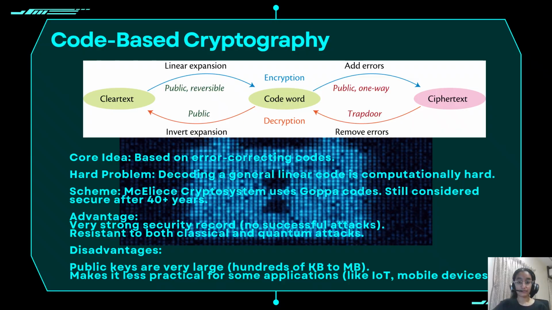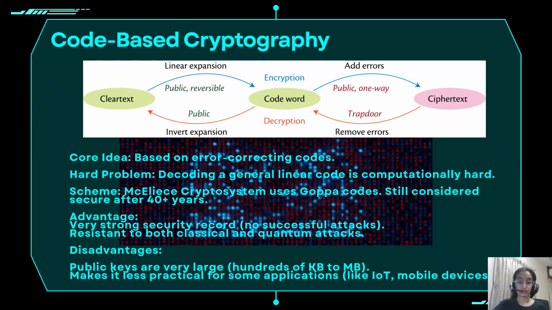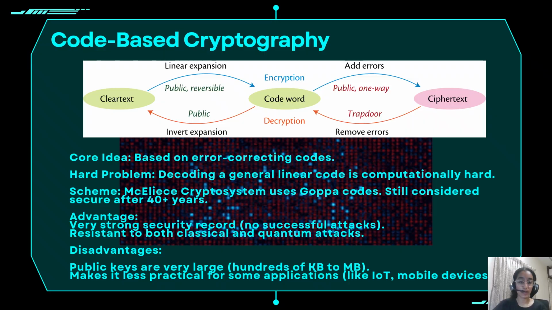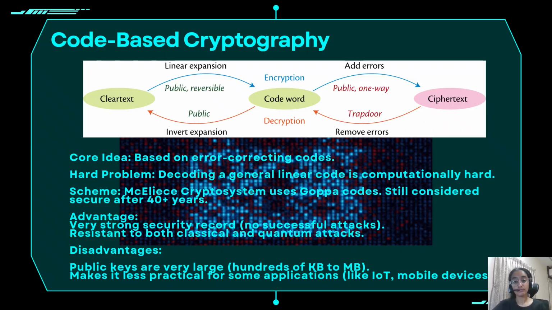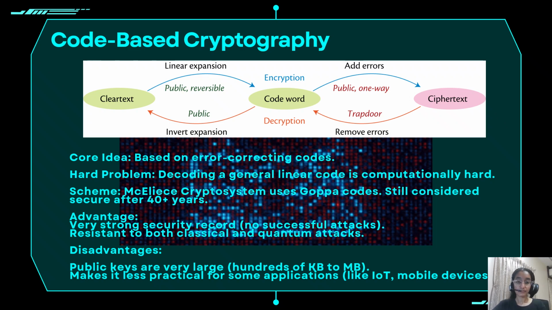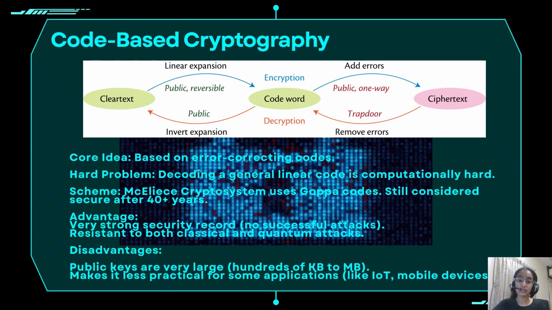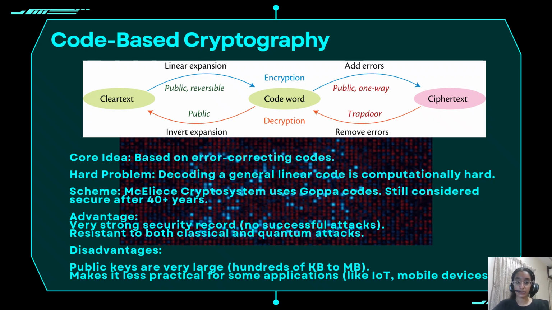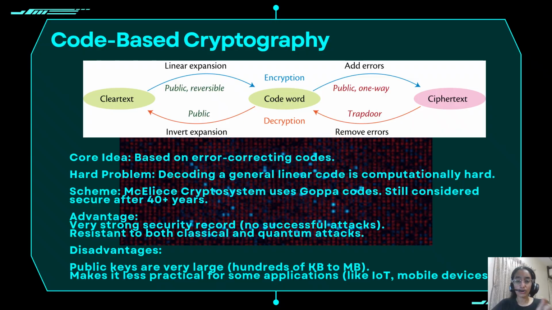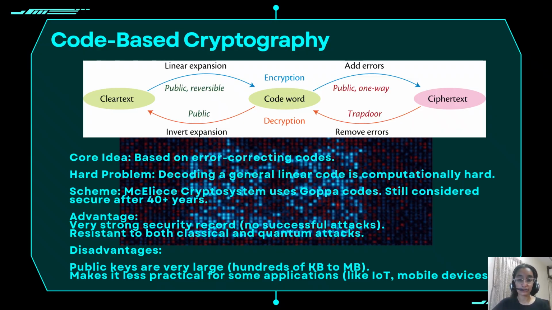This type of cryptography is built using error correcting codes. You already know error correcting codes are used in CDs, QR codes, and data transmission to fix mistakes if some bits get corrupted. In cryptography, we turn this concept into a security tool. The difficult task here is called decoding a linear code.